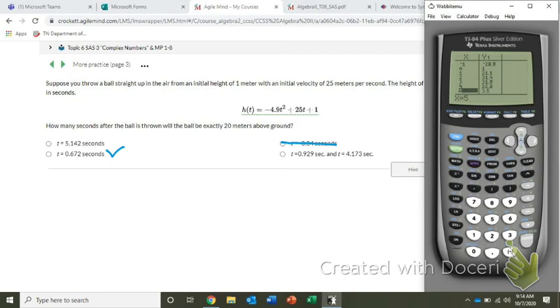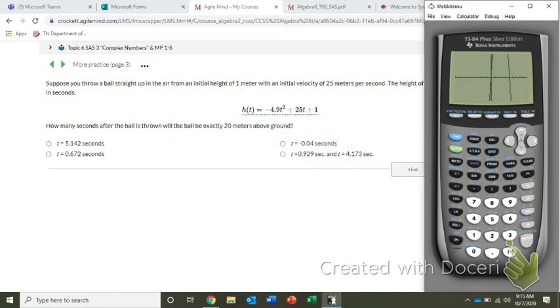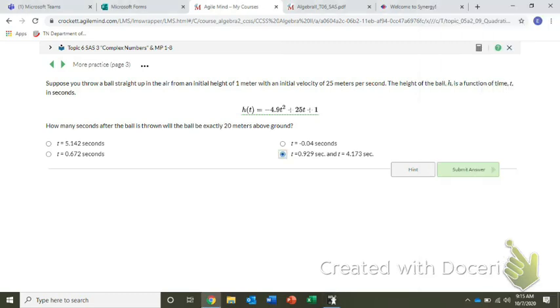So I want you to hit graph now. How many times does it cross? So if it crosses 2 times, how many solutions am I going to have? Going to have 2, so it has to be D.